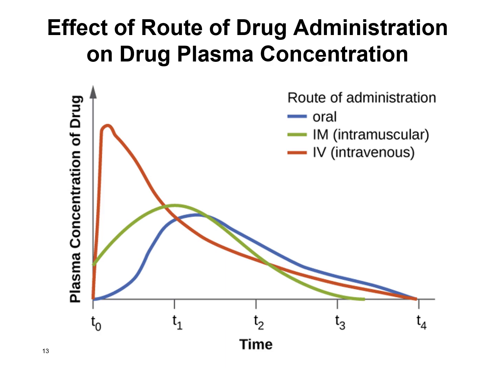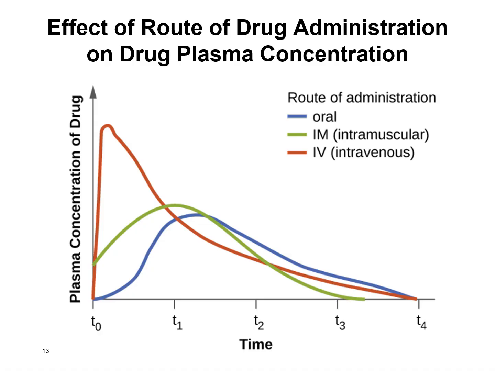This is just showing you the route of administration and the concentration of the drug. You can see that by giving the drug intravenously, in the red, you get the highest concentration the quickest. So depending on the patient, if they're in really serious condition, we definitely would want to choose the drug to be given IV because we can get high concentrations very rapidly.